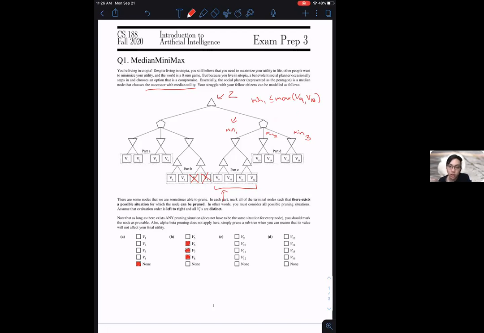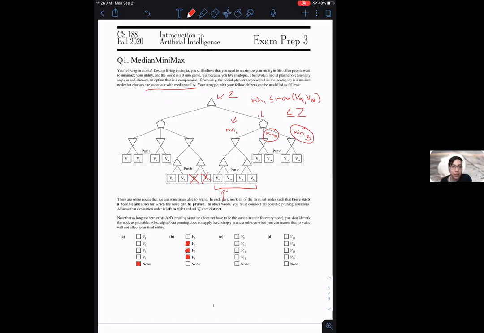And let's assume that's also less than or equal to z, which is the value at the very top of the tree. In this case, we can now realize that if either min2, which is this node, is less than or equal to z, or min3 is less than or equal to z, then the value of the right median node of this node right here is going to be useless, right?